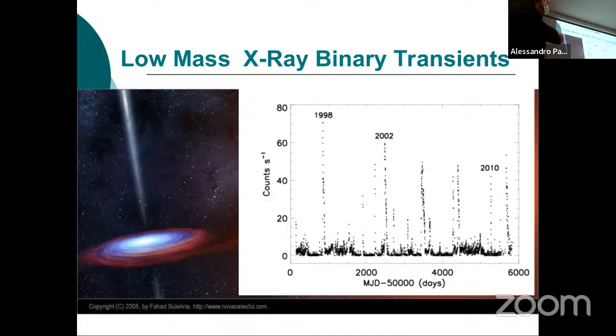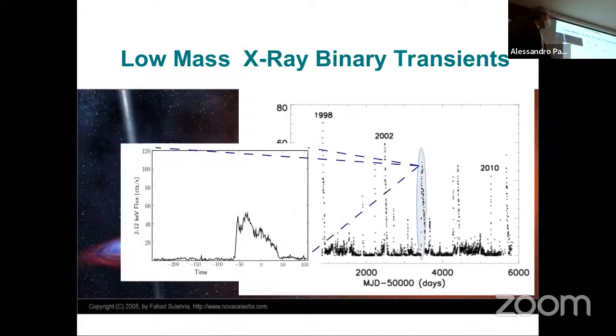So here, this is a light curve of a binary, and you see all these spikes which occur every few months, and these are the outbursts, and then there are these periods of very low luminosity, which are called quiescence.